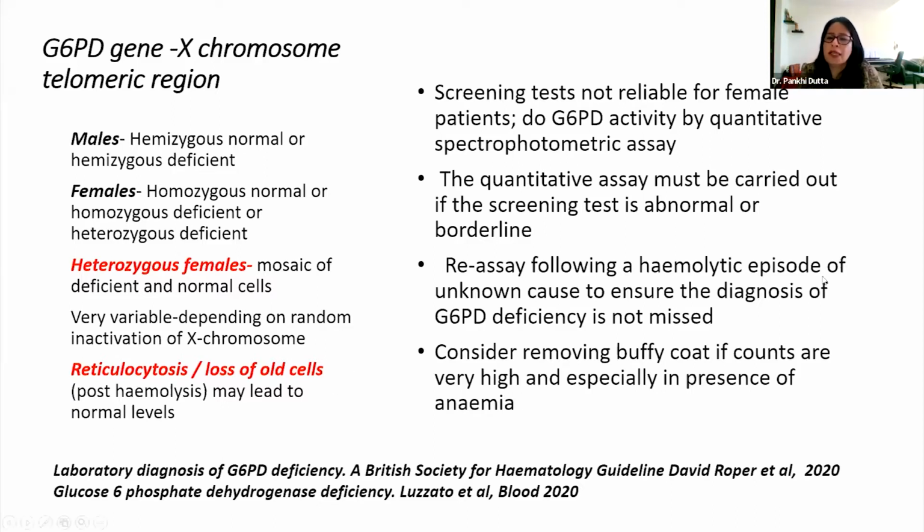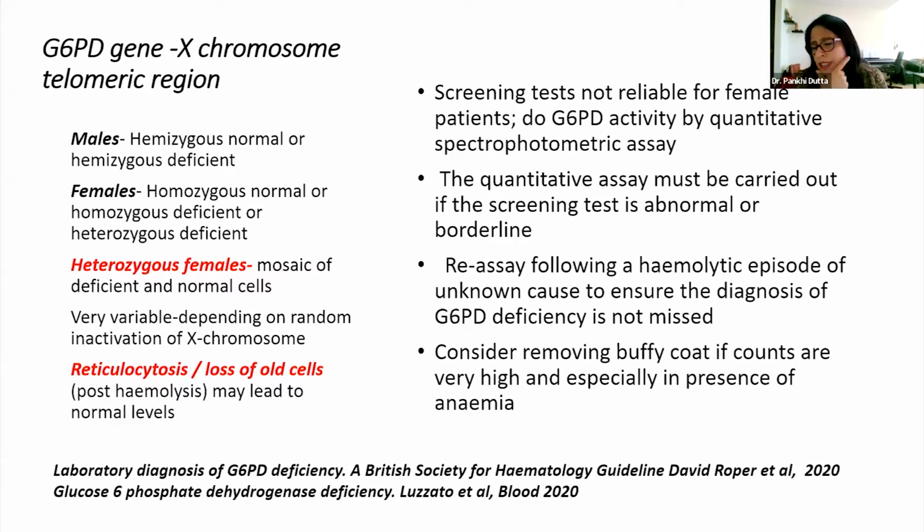And therefore, following a hemolytic episode, if the G6PD levels are normal, one should repeat it after 6 to 8 weeks, 8 weeks perhaps, to ensure that a G6PD deficiency is not missed.